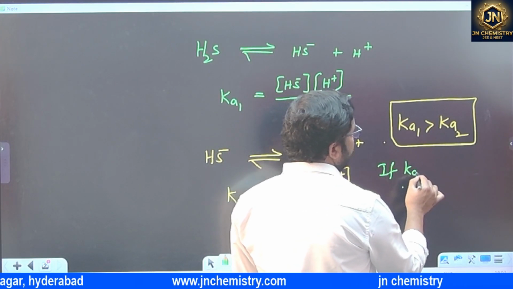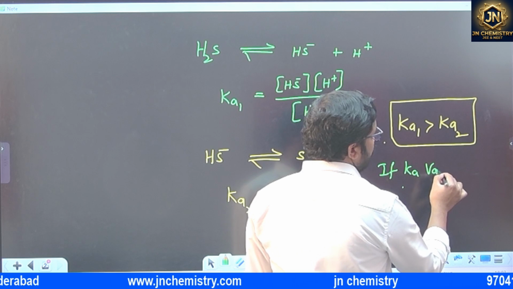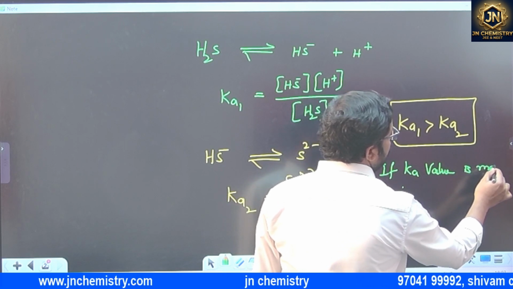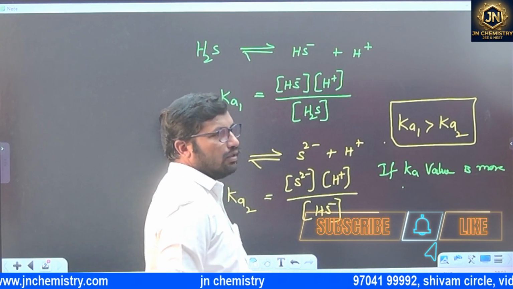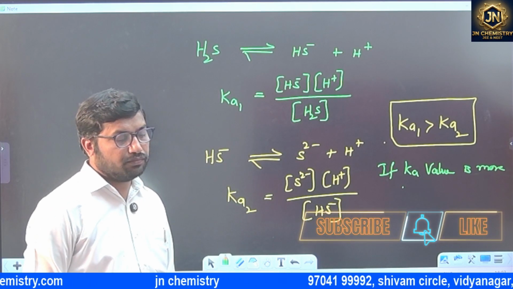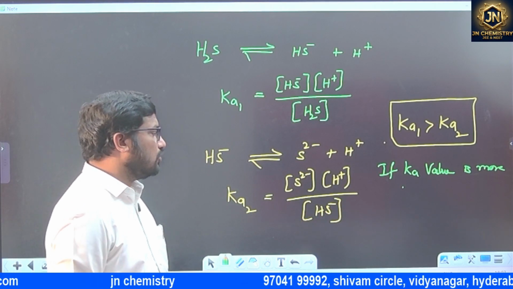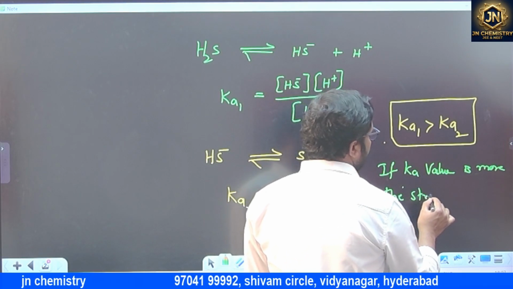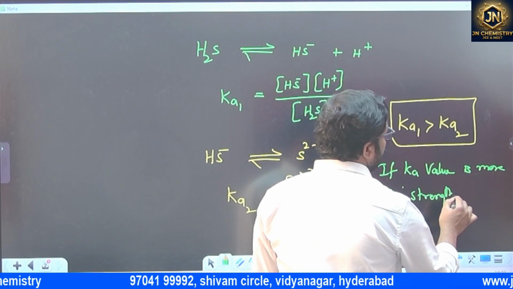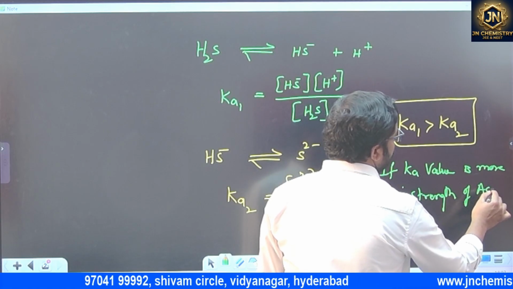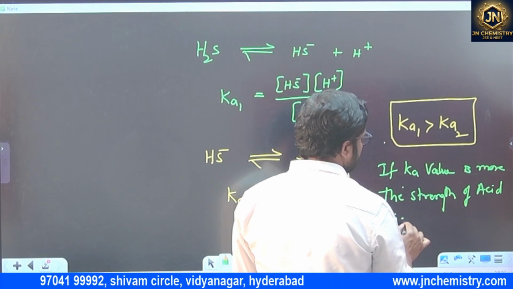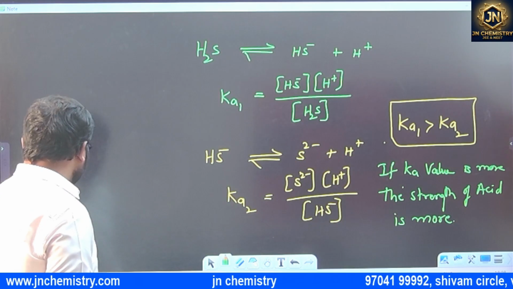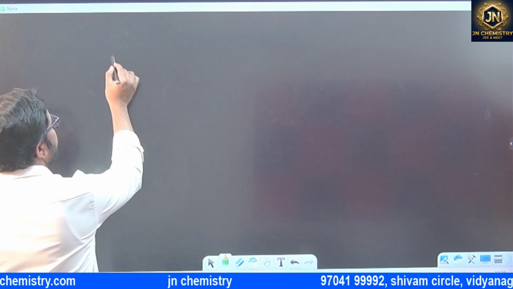If the Ka value is more, the strength of the acid is more. Right, one more, Ka3 also we can write like this.